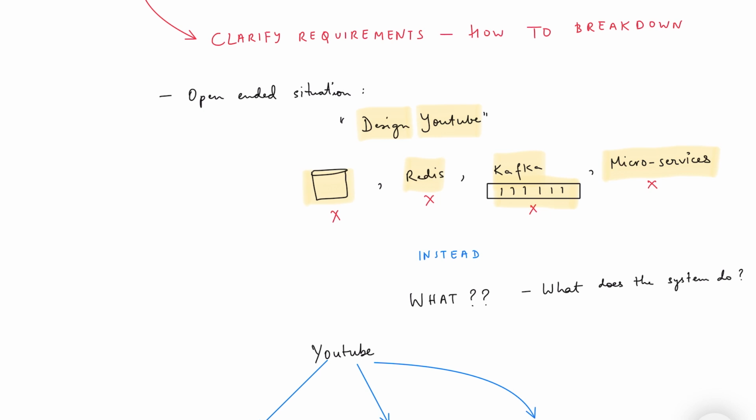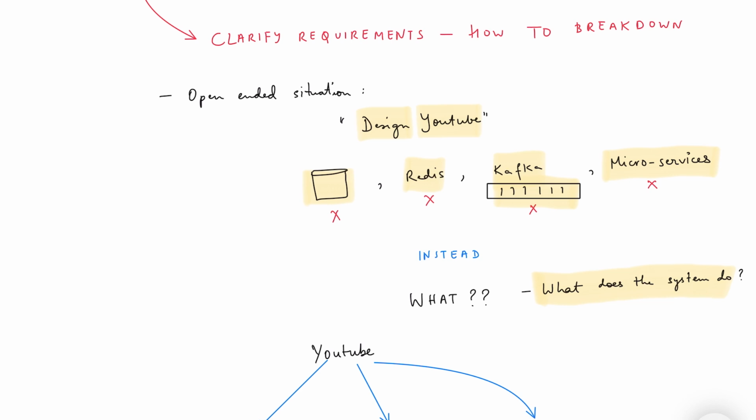All these things might pop up in a very unstructured manner, and this is what deviates and takes us away from what really matters. That is, what the system exactly does, what is the functionality that we are trying to build.